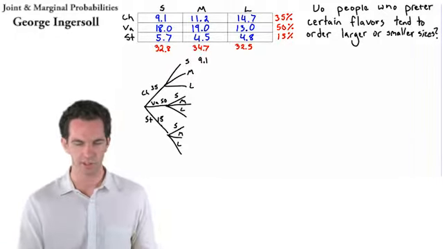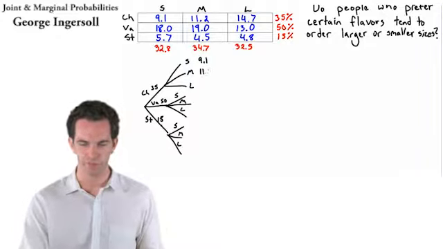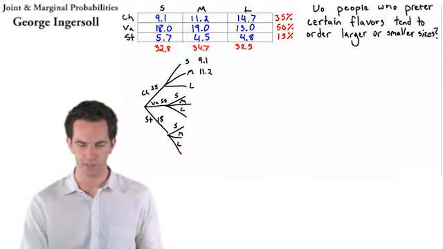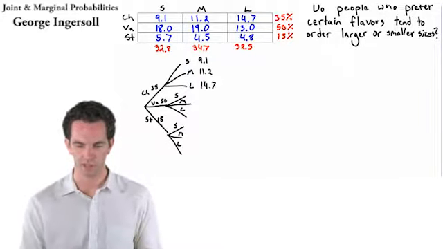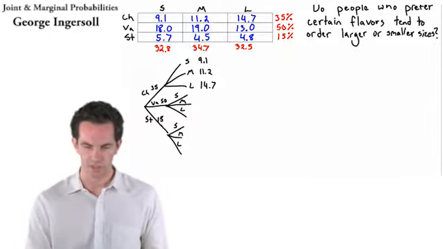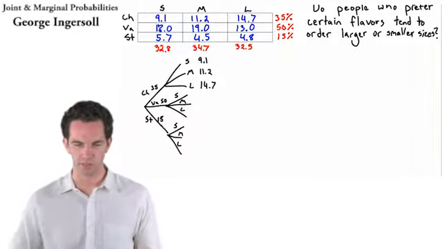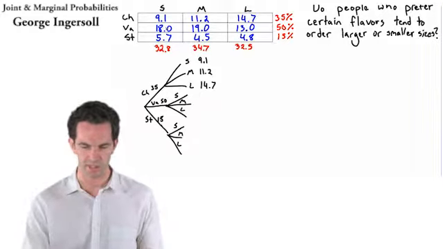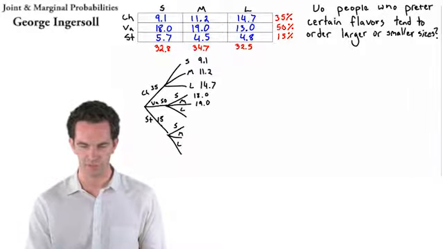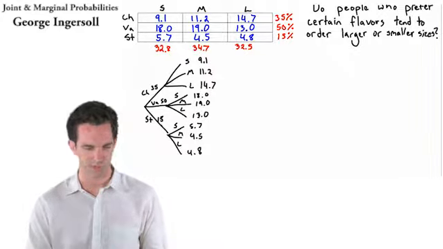That's chocolate and small. 11.2 for chocolate medium, and 14.7 for chocolate and large. We can use the same principle to figure out that it's 18 for vanilla and small, 19 for vanilla and medium, and 13 for vanilla and large. 5.7, 4.5, and 4.8 for strawberry.